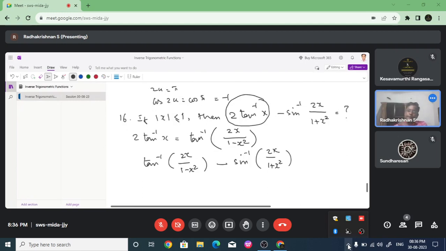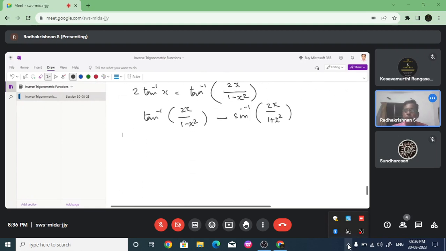Okay. If you draw a triangle, you will solve it very easily. These kinds of problems are sometimes very easy to solve this way. So suppose this is equal to theta.